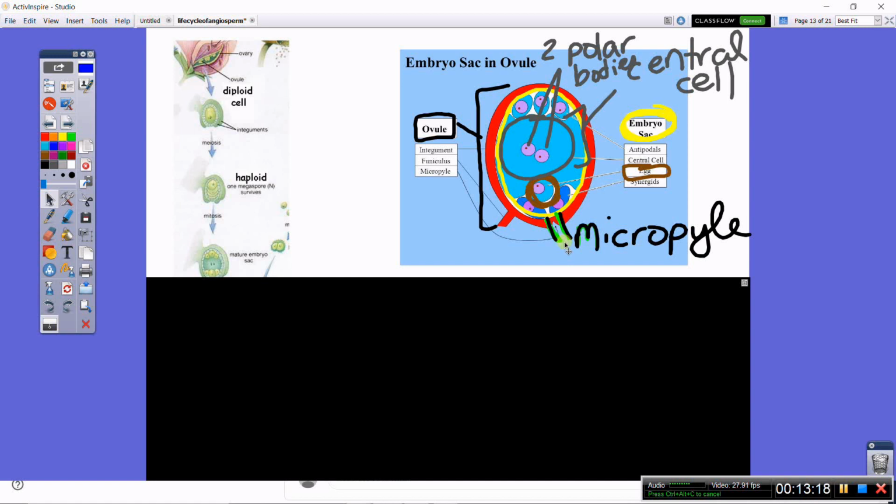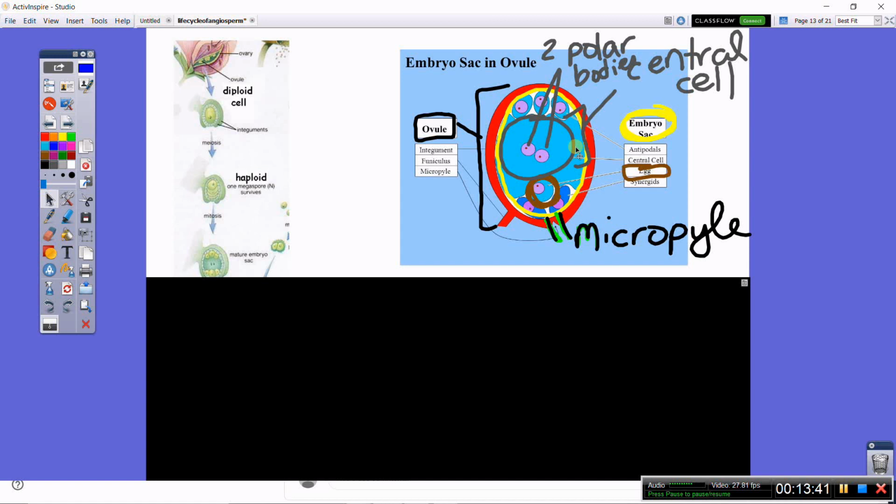Now, this part that I drew in the middle here, this is called the central cell, in my messy handwriting there. And in the central cell, you will find two polar bodies. So you've heard of polar bodies before. Remember when we talked about meiosis, or specifically oogenesis, okay?